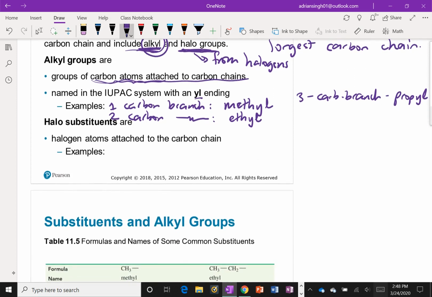In terms of the halo substituents or the halo branches, fluorine is called fluoro, chlorine, Cl attached to something, is called chloro.